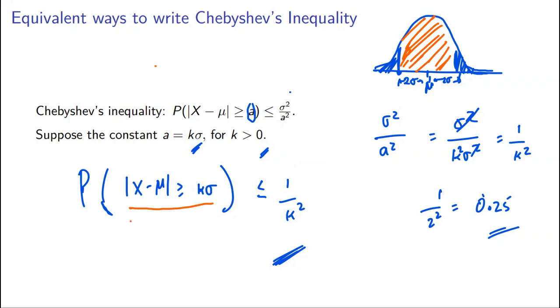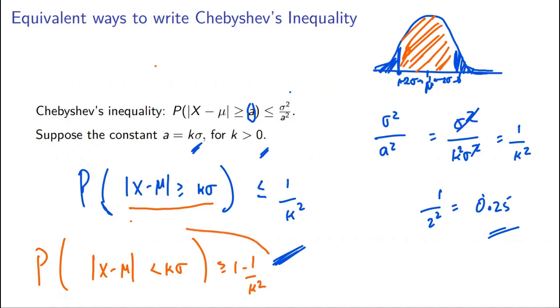That is the complement: the absolute value of x minus mu less than k times sigma. What is the probability of observing values within k standard deviations from the average? Well, if this is at most 1 over k squared, then this complement must be at least 1 minus 1 over k squared.